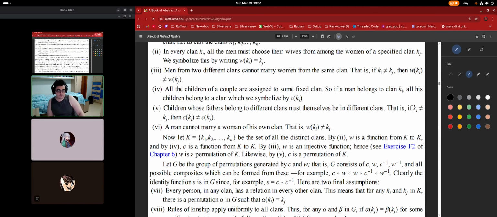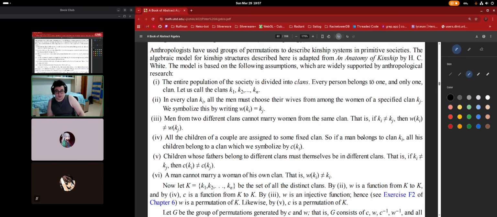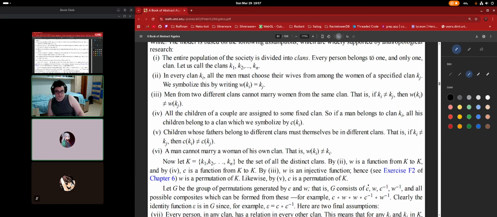So what are the intuitions of these functions? C and W. The W gives you the wife's clan of a particular husband in a different clan. So this gives me my clan based on my husband's. The W, sorry, and the C gives me the clan of myself as a child based on the clan of the father.